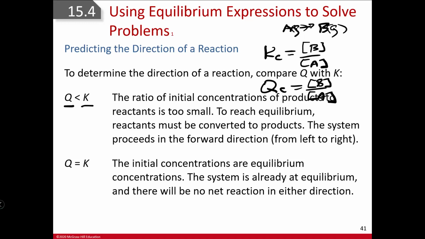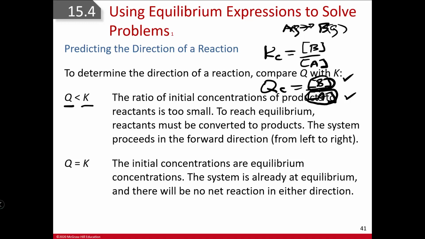So let's say Q is less than K. That means the ratio of the product over the reactant is less than K, which means that you don't have enough B present, or you got too much A present. That's two different ways to think of it.